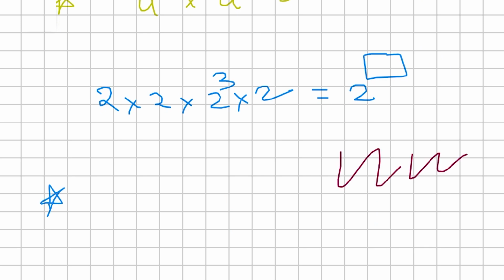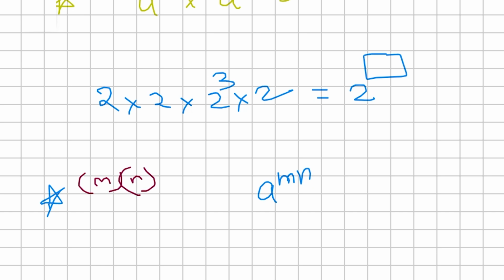Next is, when do we get a to the power mn? I'm not sure. So mn, m times n.